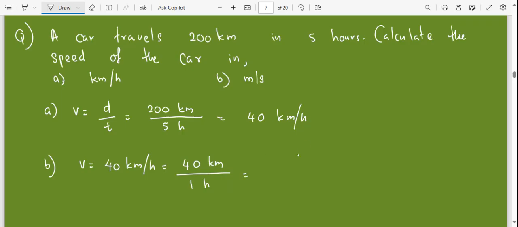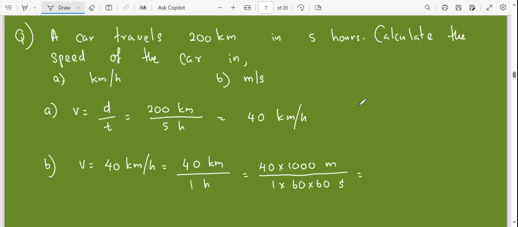To convert kilometers into meters, multiply by 1000. 1 hour means 60 minutes, and each minute contains 60 seconds. Then we get the answer from this equation.